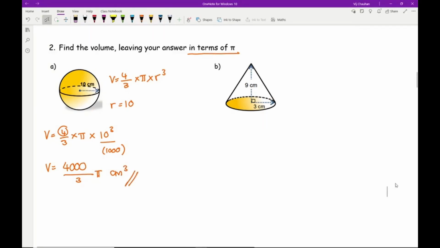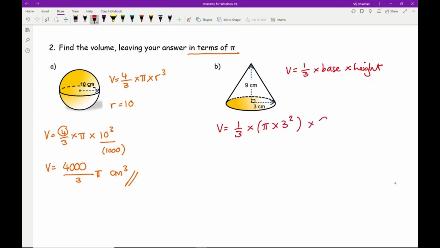Then moving on to b, remembering that the formula for the volume of a cone is V equals 1/3 times the base times the height. Substituting numbers in, we've got 1/3 times, now the base is a circle, which is pi r squared, so it's pi times 3 squared, times the height.